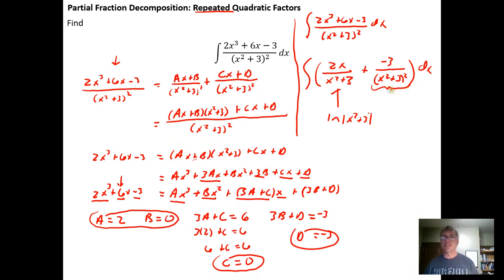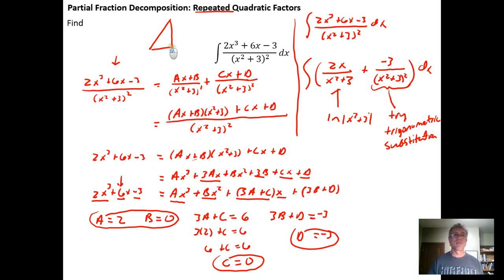And what you can see is that you're going to need to try trigonometric substitution on that one. You're going to need to do trigonometric substitution where you set up your right triangle, you label your angle theta, and then you recognize that you have the sum of two squares.